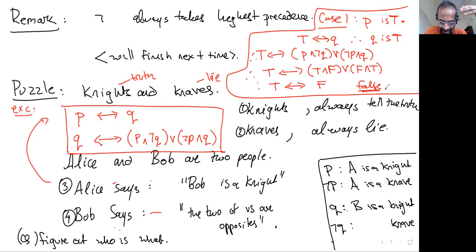So I've reached a contradiction from this assumption that P is true. It's sort of like algebra. I just plugged in P into these equations and then just applied the definitions of these logical operators to reach a statement that's clearly false. So therefore, what's the conclusion? The conclusion is that P is false.